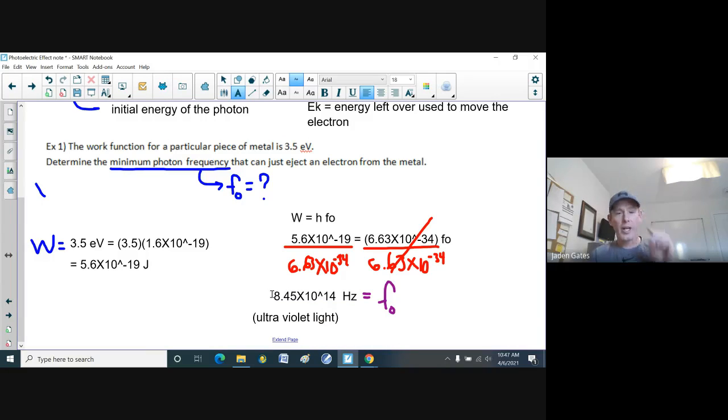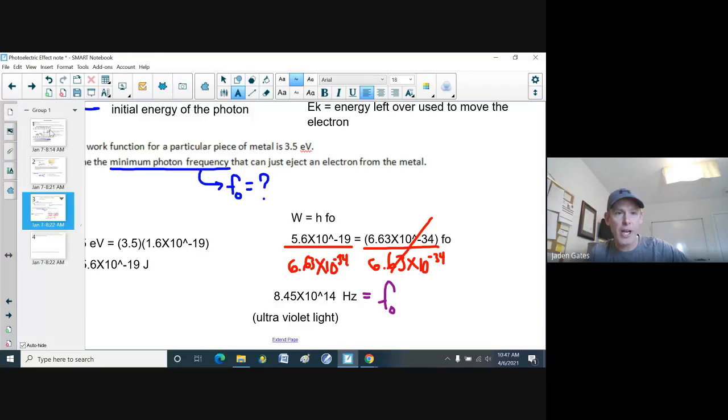So on that scale, if you were to use radio waves, which have a much smaller frequency, and shine them on this metal, no electron would leave. If you shine visible light on this metal, no electron would leave. But if you shine ultraviolet light, electrons would leave.